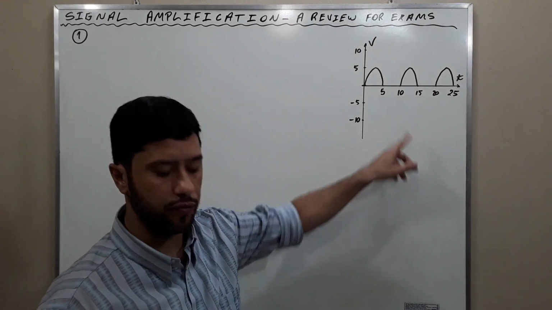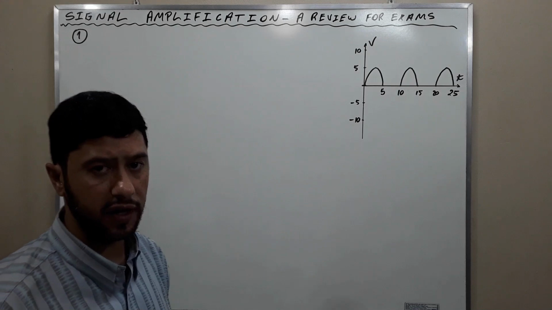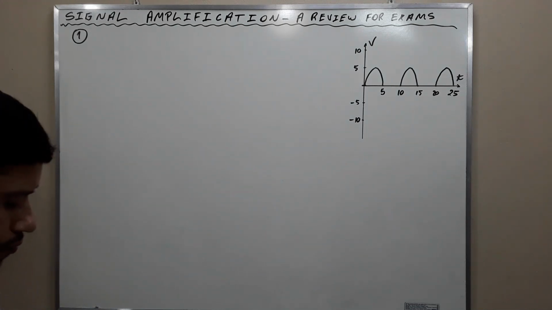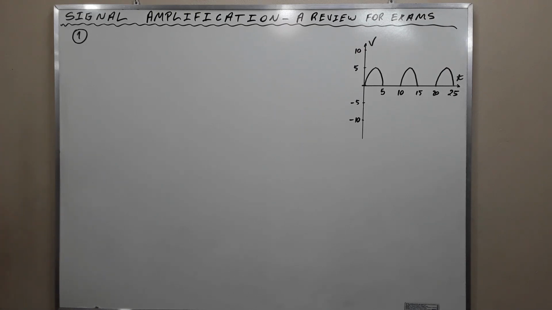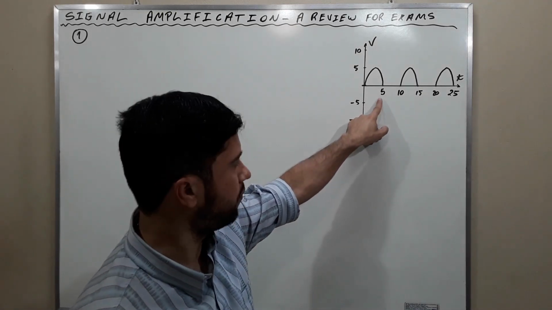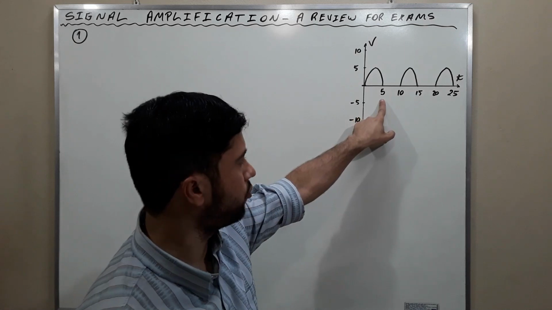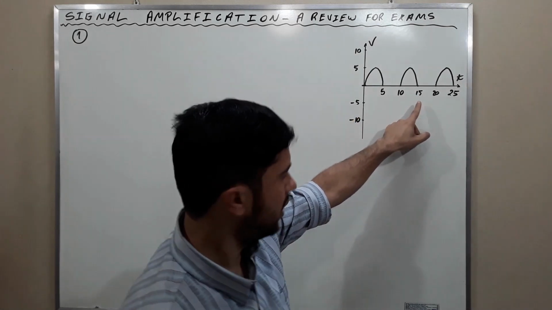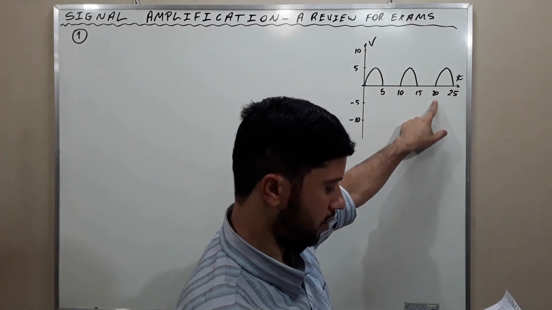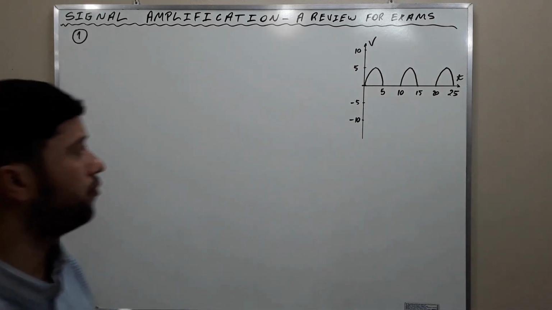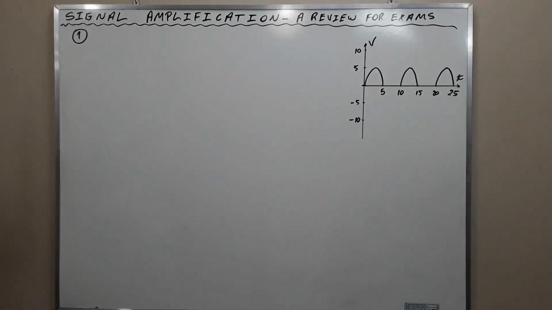This is the input waveform, and as the exercise said, it is a half-rectified sine wave. Observe that the amplitude of the voltage between 0 milliseconds and 5 milliseconds, between 10 milliseconds and 15 milliseconds, and between 20 milliseconds and 25 milliseconds is the same and equal to 5 volts, okay?